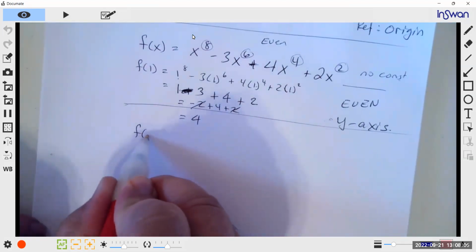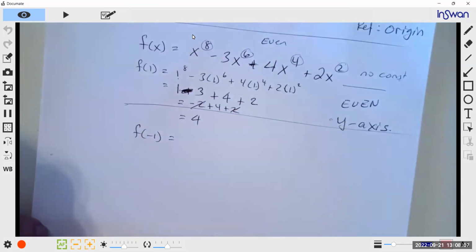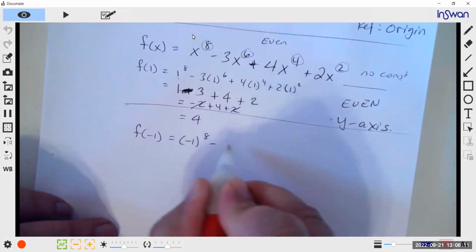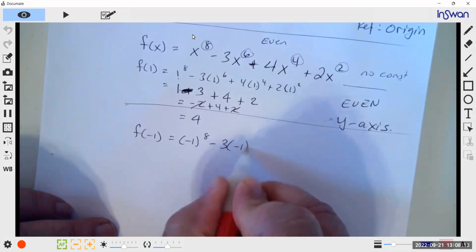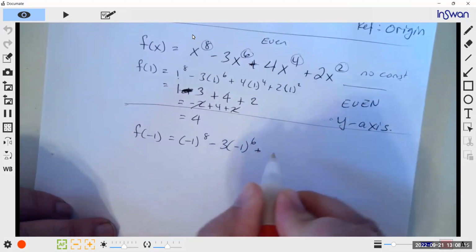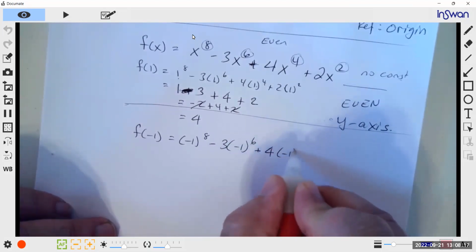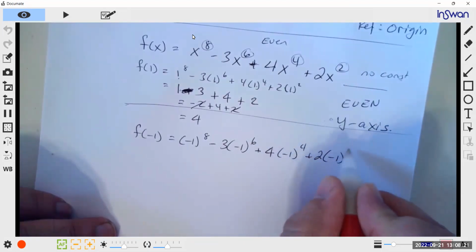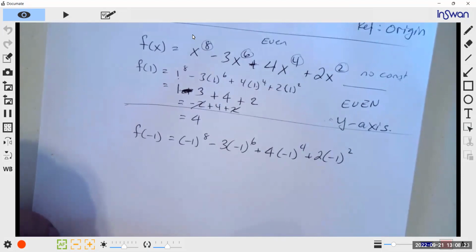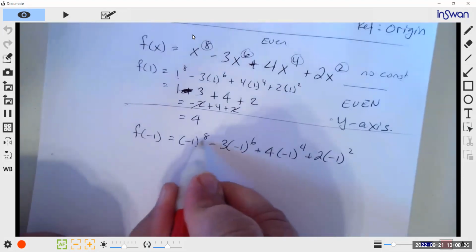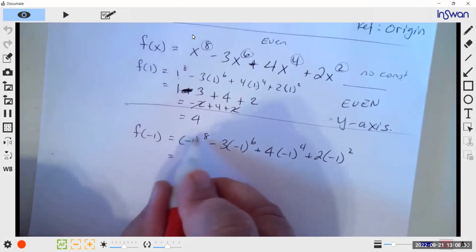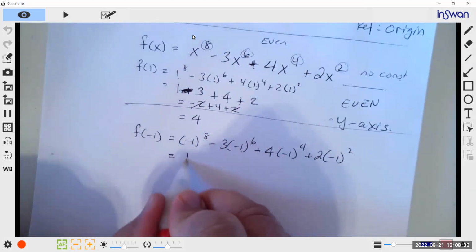Let's look at what it looks like at negative 1. So we have negative 1 to the 8th, negative 1 to the 6th, negative 1 to the 4th, plus 2 times negative 1 squared. Anything to an even exponent becomes positive because they're always in pairs. So this is a 1.